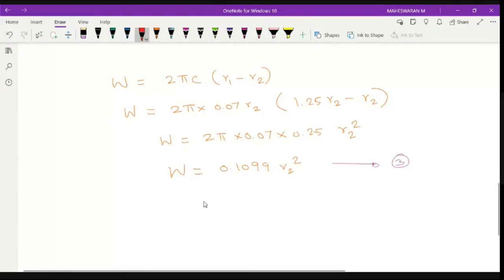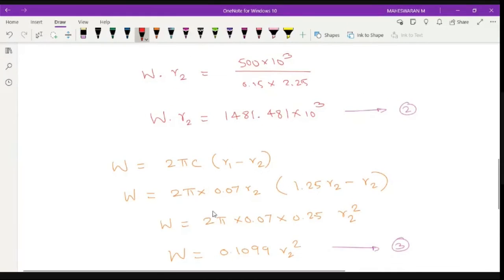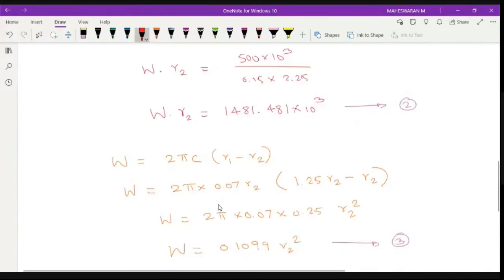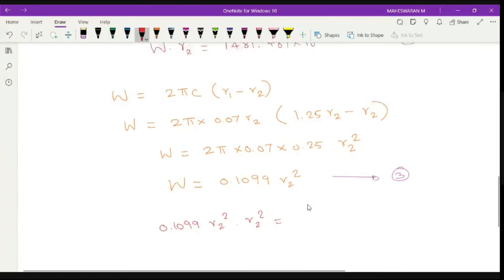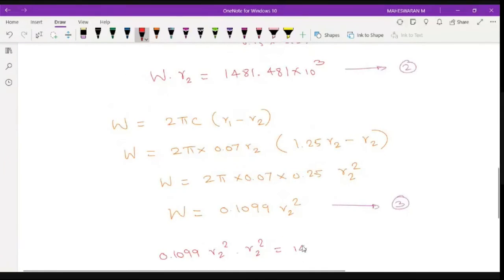I will get 0.1099 R2 square into R2 square is equal to this value, 1481.483 into 10 power 3.